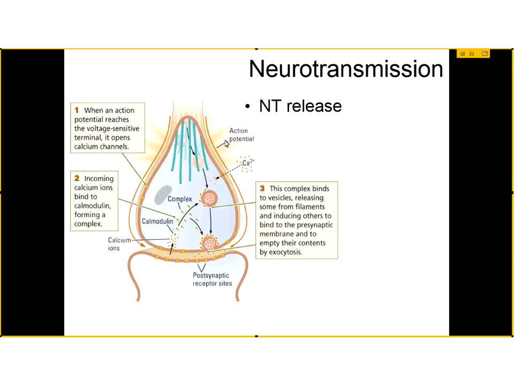After the neurotransmitters have been made and stored, then we need to release them. And what happens is an action potential is traveling down the axon. When it reaches the presynaptic membrane, or the terminal button presynaptic membrane is located here, it activates these calcium channels that are located around this membrane.